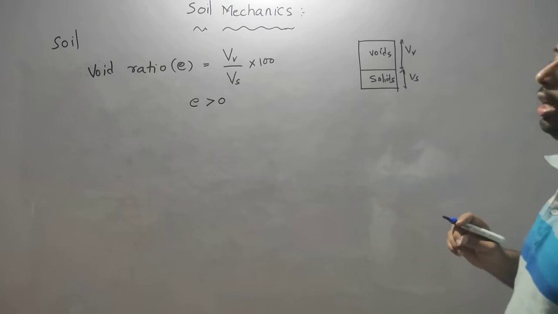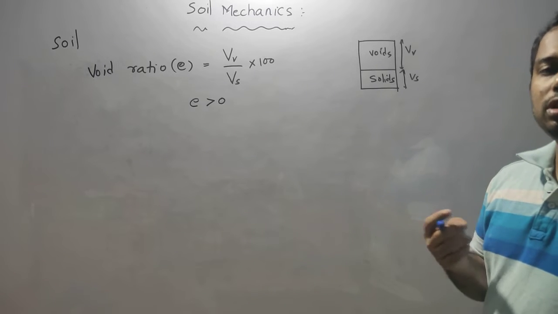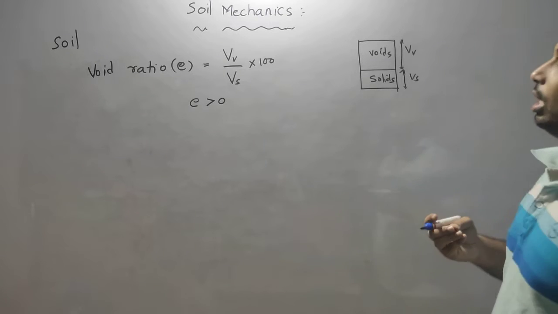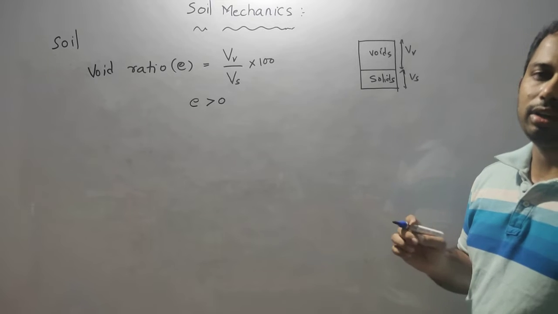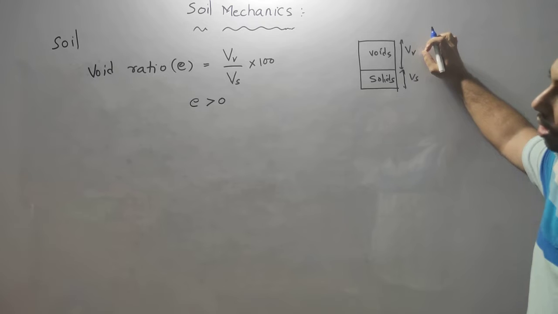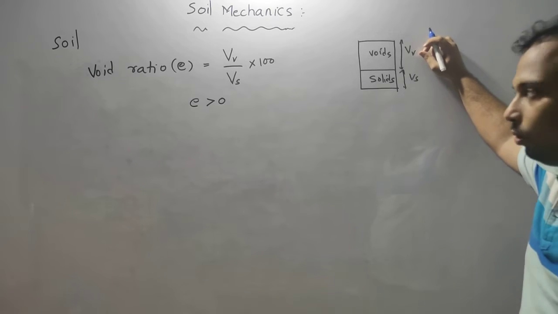No. Practically it is not possible. It's hypothetical, a fictitious soil which is in our assumption, having 0 voids. But in reality, it does not exist. So volume of void cannot become 0, and e cannot become 0.